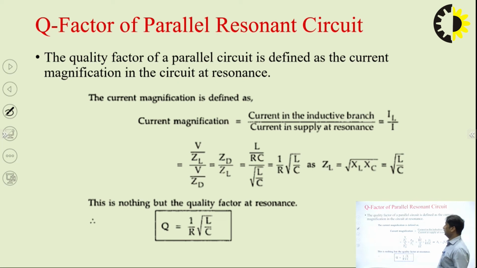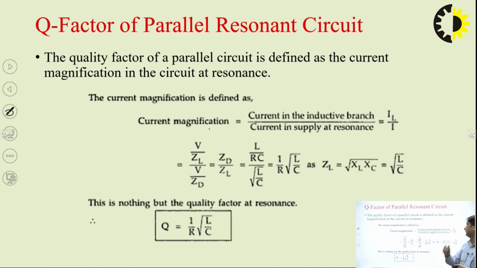The next, after this dynamic impedance, we have the quality factor of the parallel circuit. In the quality factor, again, I told you that it can be defined as the current magnification. In case of series resonance, it was the voltage magnification, but here it is called the current magnification. So it is given by the current in the inductive branch upon the current in the supply.